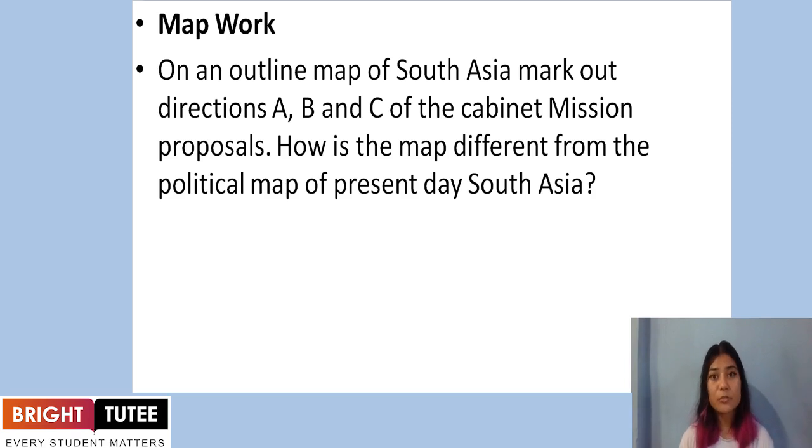So we understood what this event of partition entails, how significant this is, why it is one of the important events in the history of South Asia. We've also tried to understand how different historians try to understand the cause of this event.